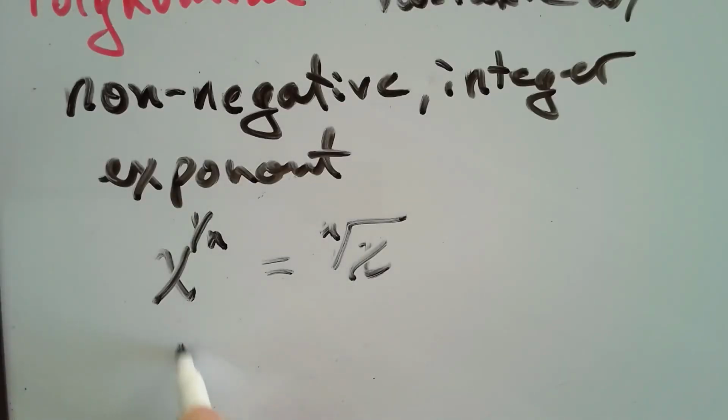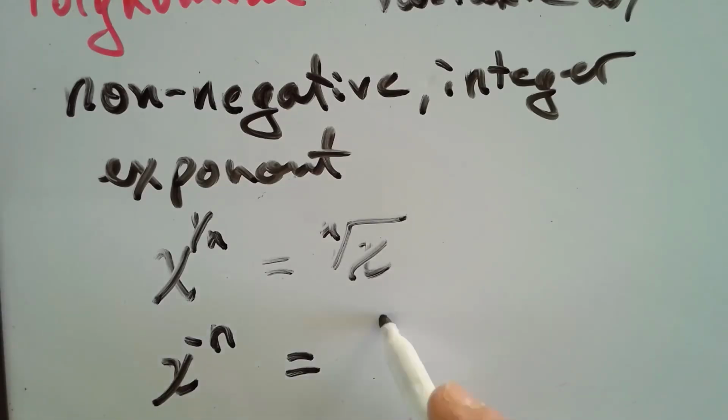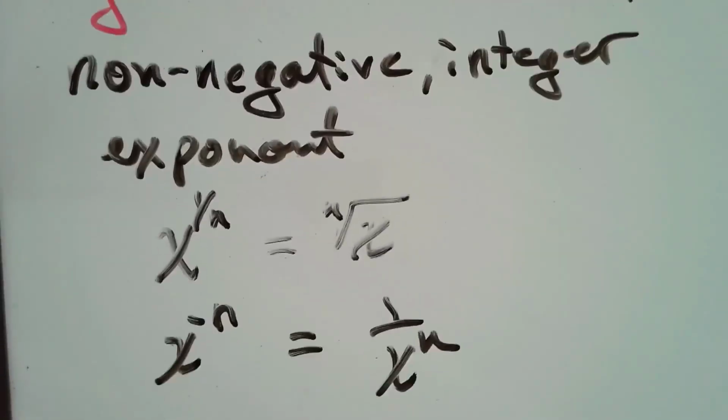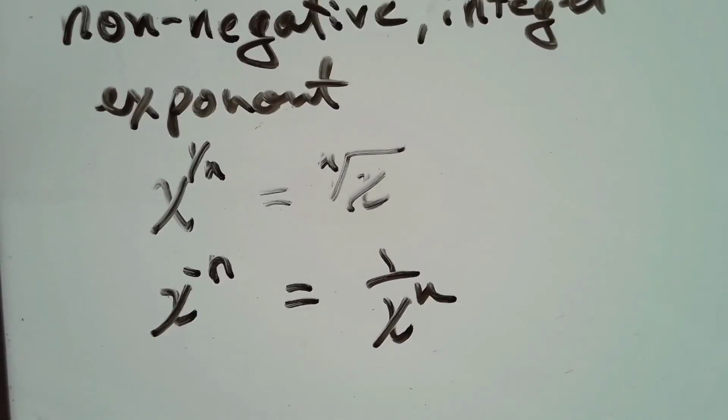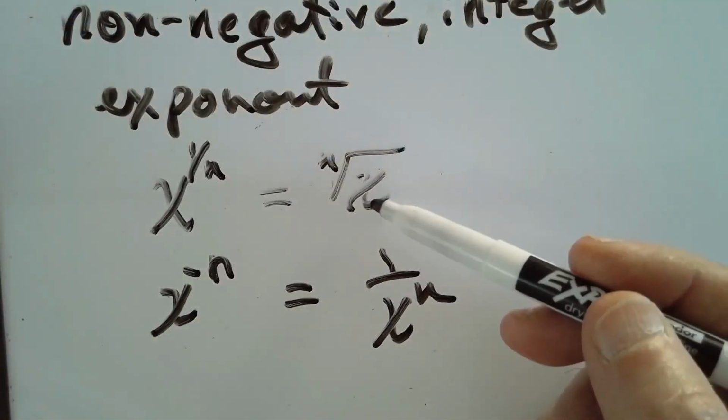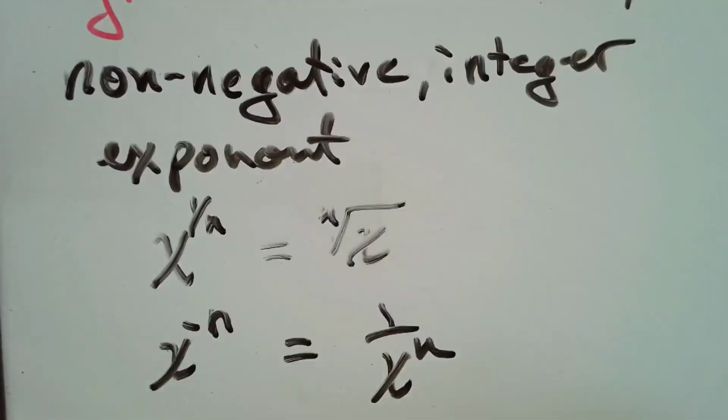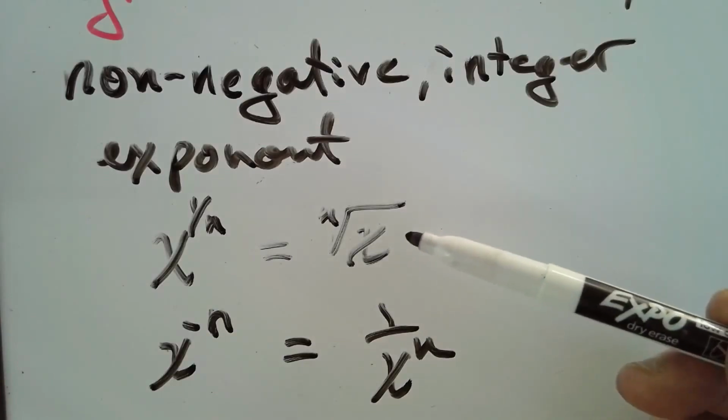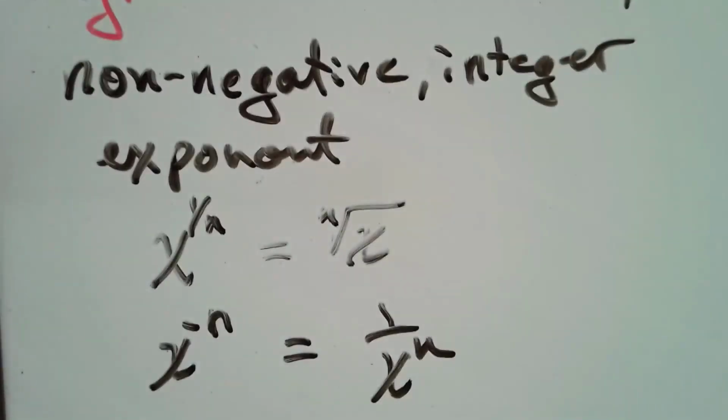And also, if it's a negative exponent, then x to the negative n is x to the 1 over n, right? So it's kind of like the same definition of domain, right? All real numbers except for when x is in the denominator and when x is in the radical, right?